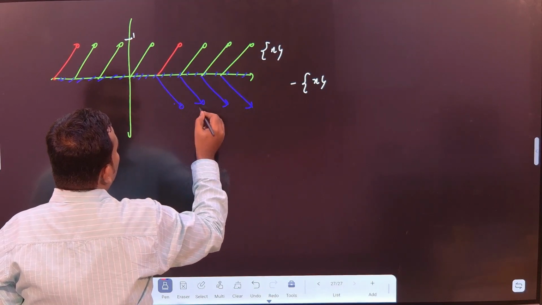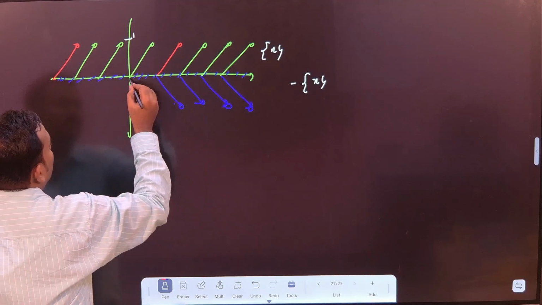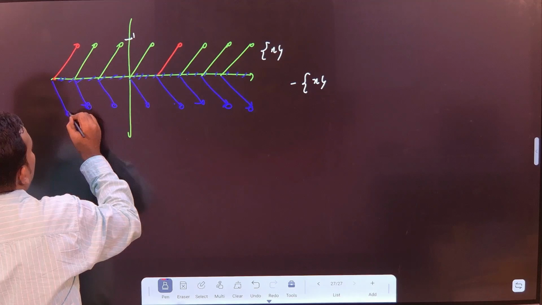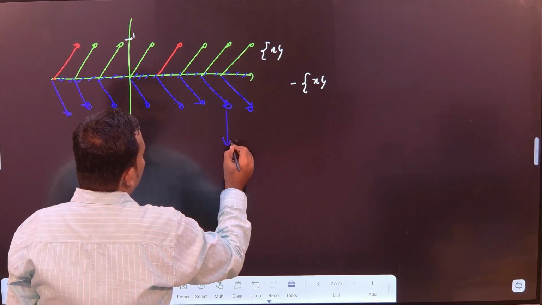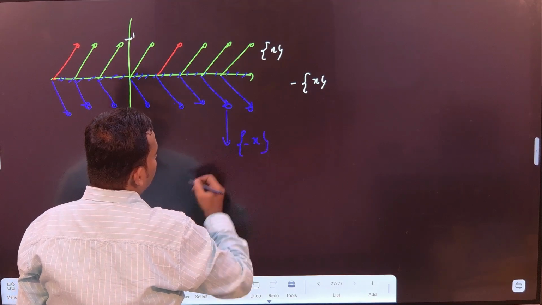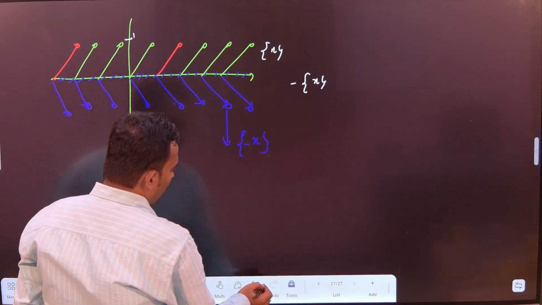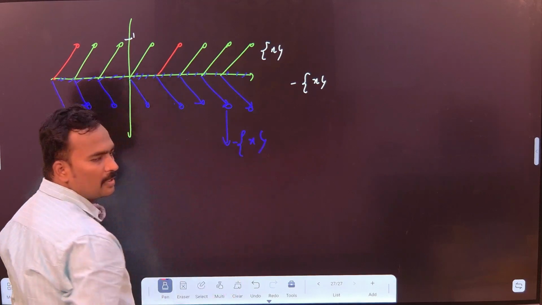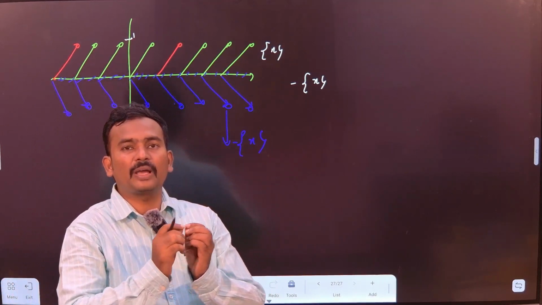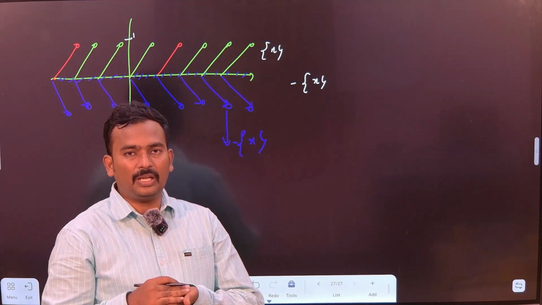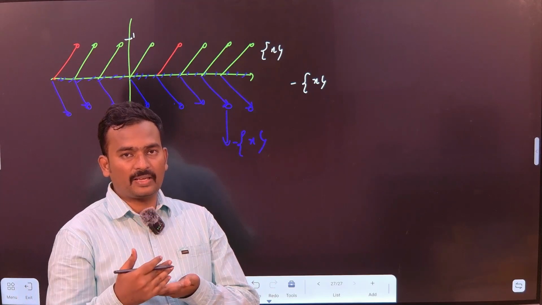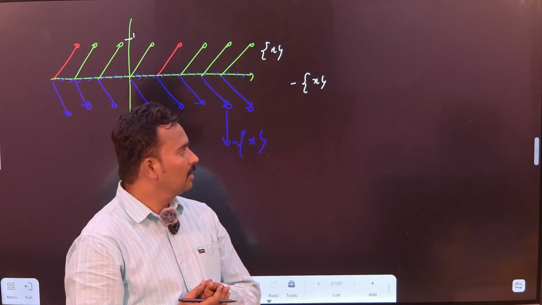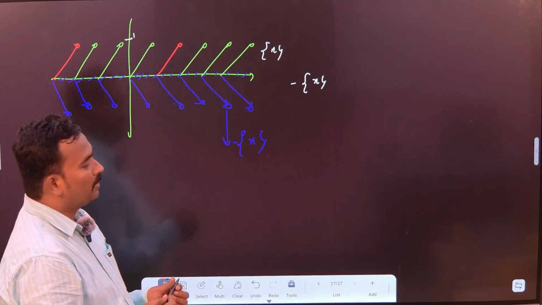Okay, this is the graph of minus fractional part of x. Just f of x changes to minus f of x. That means the positive y axis portion changes to negative y axis. Understand? That is the x axis as the mirror. Clear? I hope everyone understands, right? Okay.